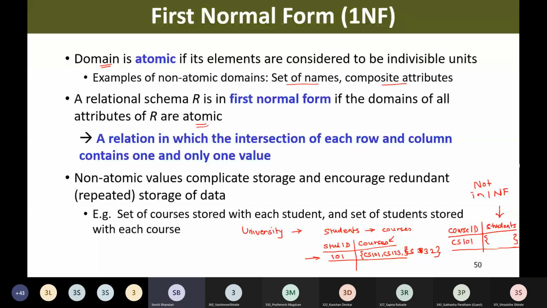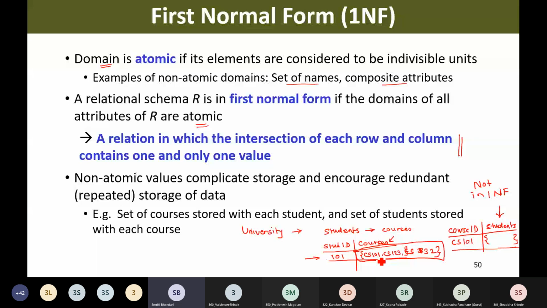So if we consider this column and this row, the intersection is this cell, and in this cell I am having more than one value. So this is not in 1NF. If the intersection of row and column has only one value, then I'll say that it is in 1NF.